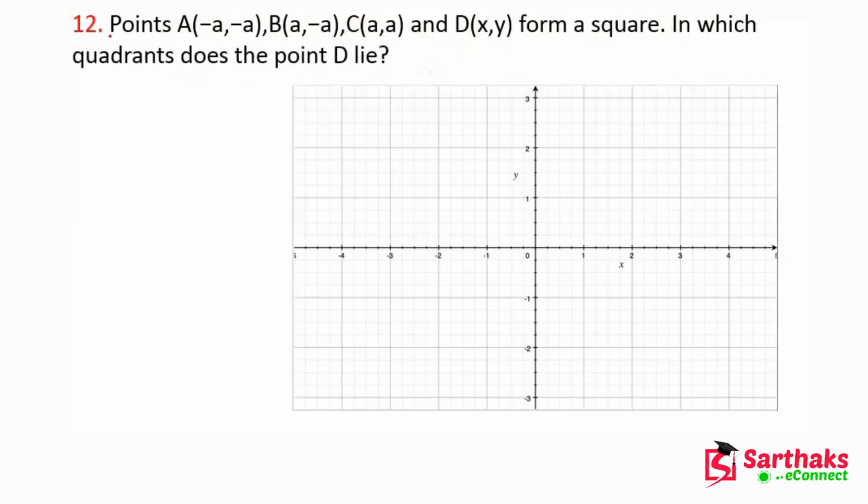So my dear friends, question number 12: points A, B, C and D form a square. We have point A as minus a comma minus a, point B as a comma minus a, point C as a comma a, and we have to find point D, which is x comma y.